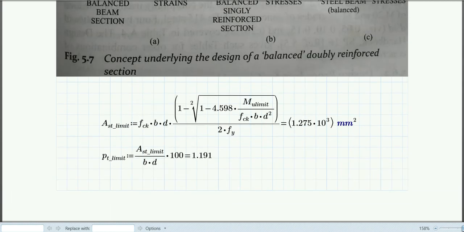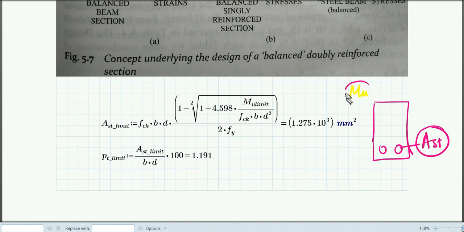Now let us find out what the AST limit is. That means how much steel we need to provide corresponding to the MU limit, because the MU limit is the amount of moment that the section can take when provided with only tension reinforcement. Suppose there is only tension reinforcement AST at the bottom, then the moment of resistance is given by MU limit.